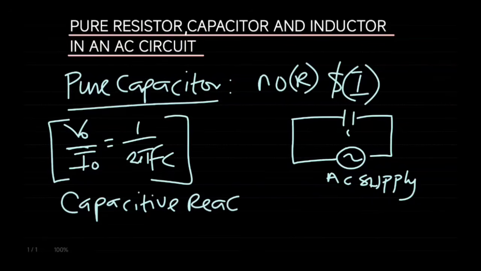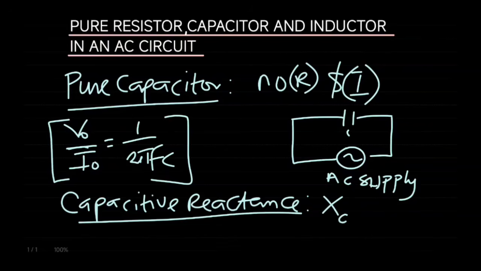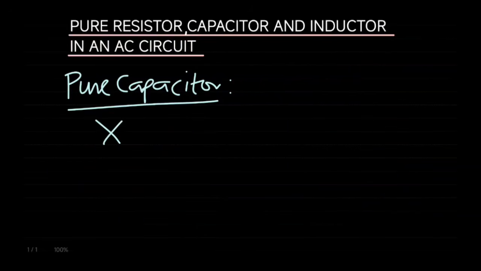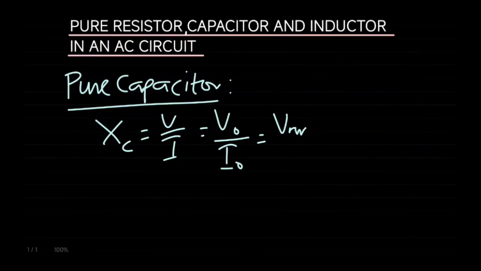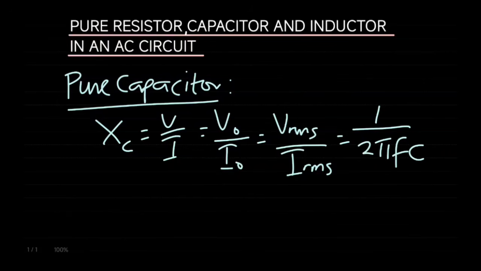Denoted as Xc, the capacitive reactance mathematically is given as V all over I, which is also equal to V0 all over I0, which is also equal to Vrms all over Irms, which is equal to 1 all over 2 pi Fc.